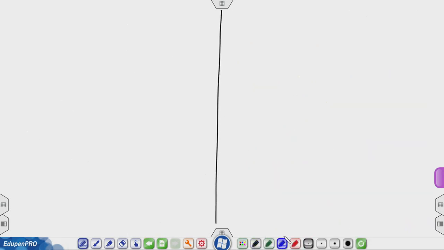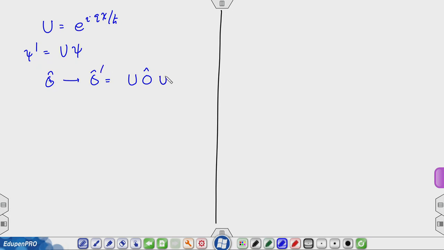So, what we have done is made a unitary transformation, e raised to i q chi over h cross, then U psi is a new wave function, then any operator goes to O prime, which is U O U inverse.